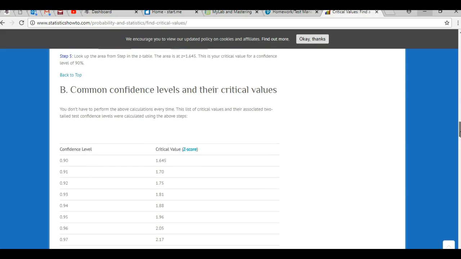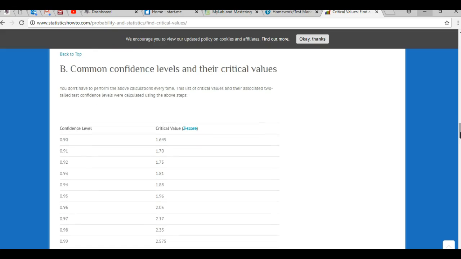If you keep going, here are common confidence levels and their critical values. Now, this obviously isn't 0.10, but this is a confidence level, and complementary to it is the significance level. These are critical values associated with a two-tail test.